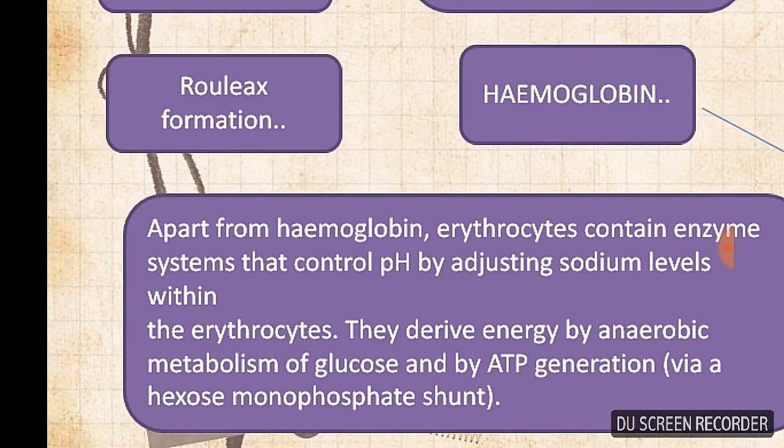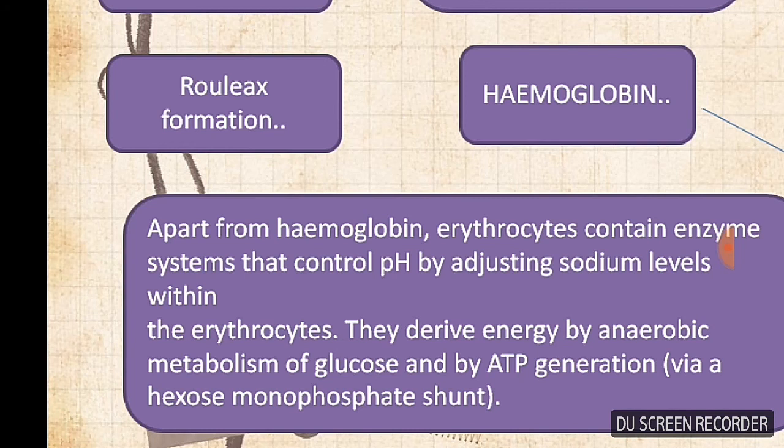Okay, and these erythrocytes derive energy by anaerobic metabolism, because there is not a single organelle to help with aerobic metabolism. So they derive their energy by anaerobic metabolism of glucose and by ATP generation, through the HMP, that is the hexose monophosphate pathway.